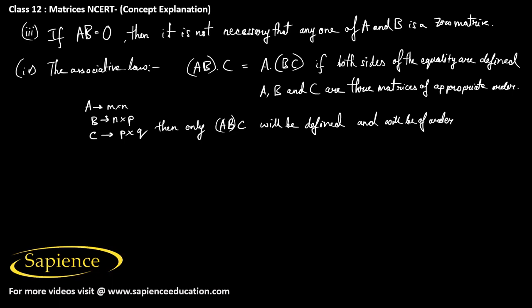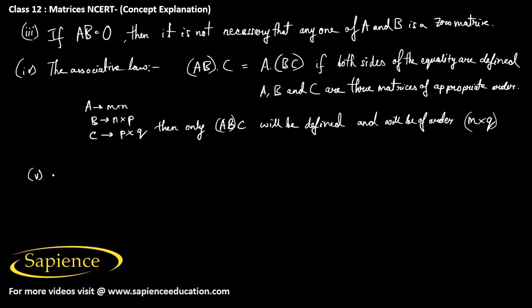Now A into B will be of the order m cross p, and m cross p into C, which is p cross q, so AB into C will be of the order m cross q.